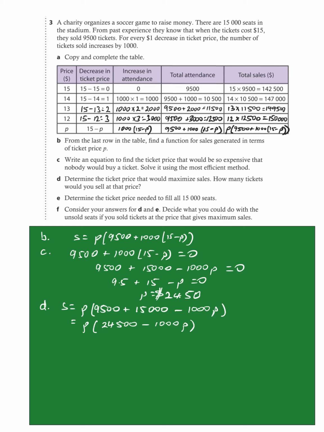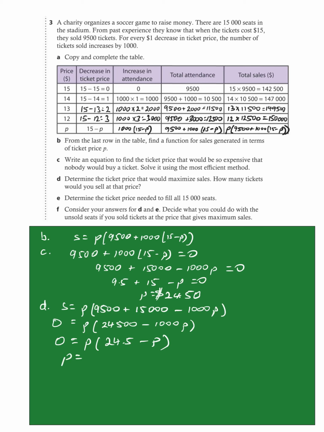Well, we divide through by 1,000, we'll get rid of that. Now we're going to equate that to 0 first. Now we can make sense of this. Let's divide by 1,000. So we've got 0 equals p outside of 24.5 minus p. Okay, so now we know the roots.